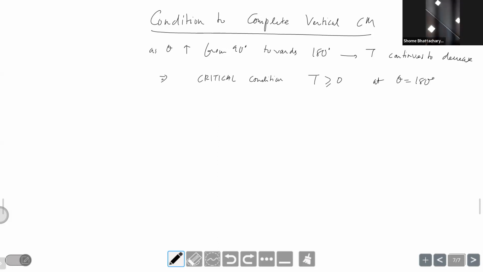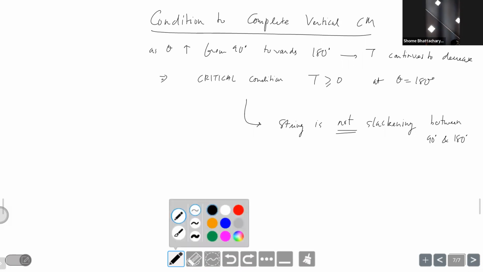Which means that the string is not slackening between 90 degrees and 180 degrees. And tension just about becoming 0 is also fine. If it's greater than 0, it's even better. But this means that the string is not slackening. Okay, so if I want this condition, then what is happening here?